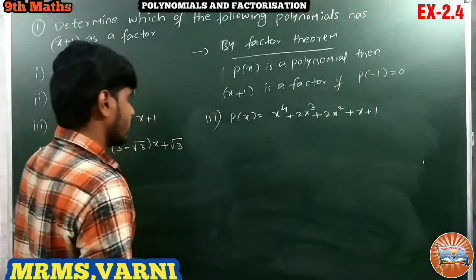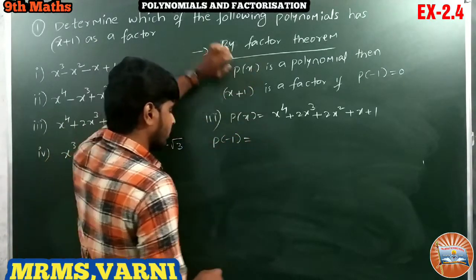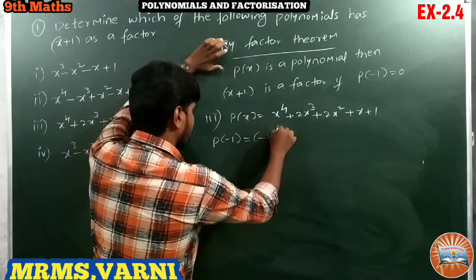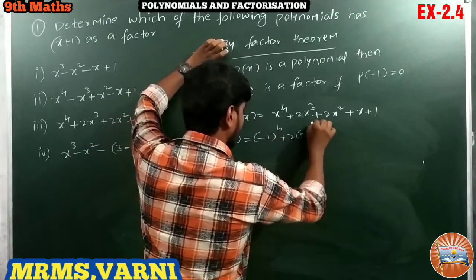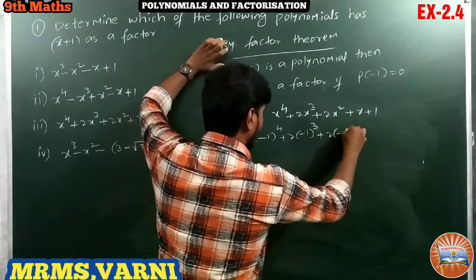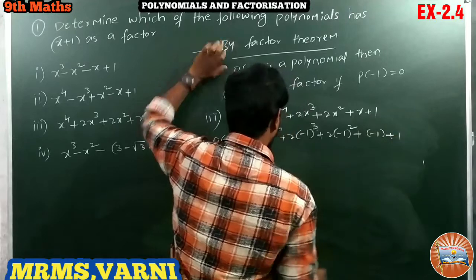Okay, right. Substitute minus 1 in place of x from this statement. So minus 1 power 4 plus 2 into minus 1 cube plus 2 into minus 1 square plus of minus 1 plus 1.